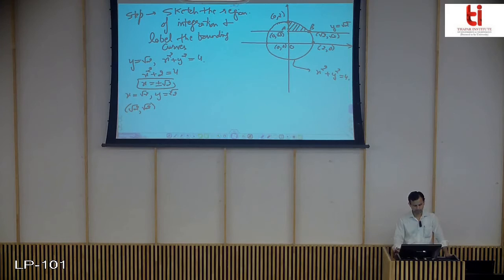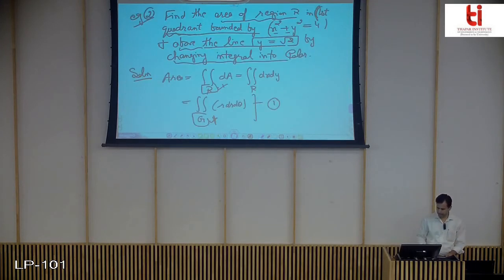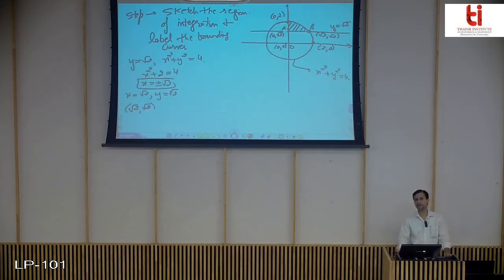Now the thing left is to find the limits of integration of the given region. The region is plotted in Cartesian coordinates, but the limits we need are in polar coordinates, and for that we need to change the curves to polar.